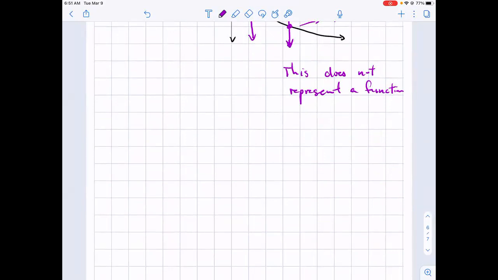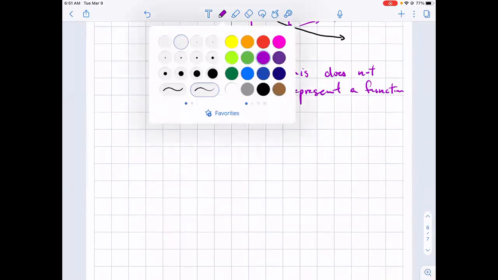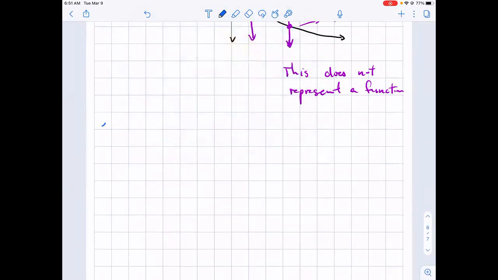We can try some more examples. Identify if the graphs below represent a function.